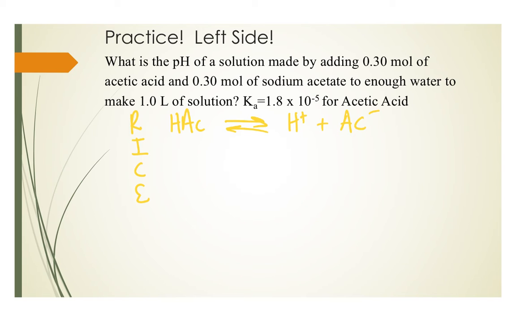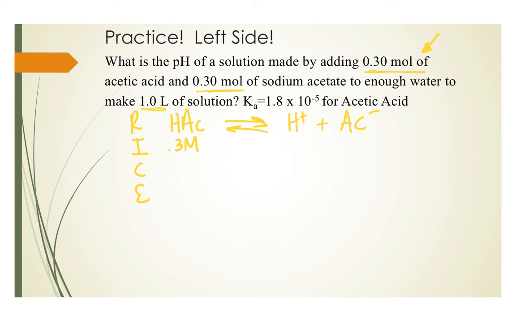So, the pH of the solution made by adding 0.3 moles of acetic acid and 0.3 moles of sodium acetate to enough water to make 1 liter of solution. My initial concentration of acetic acid is going to be 0.3 moles divided by 1 liter, so that's 0.3 molar.